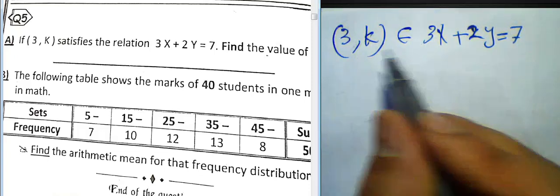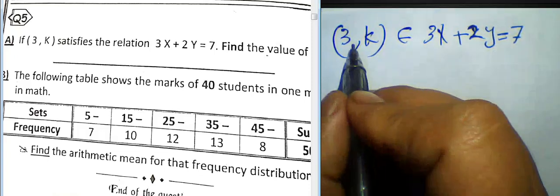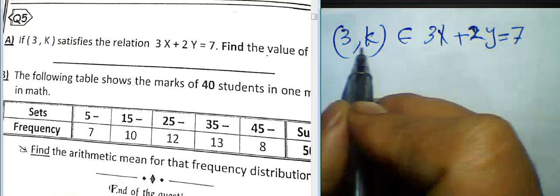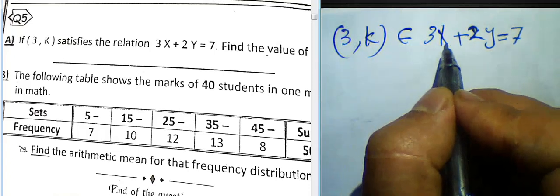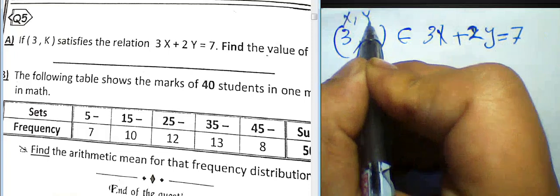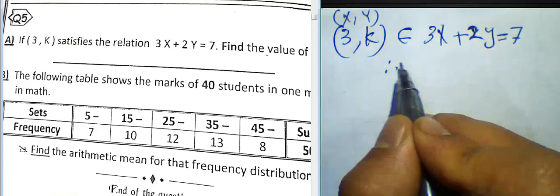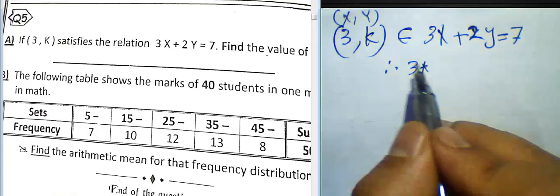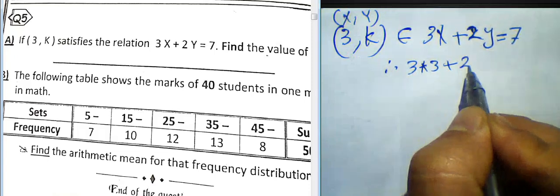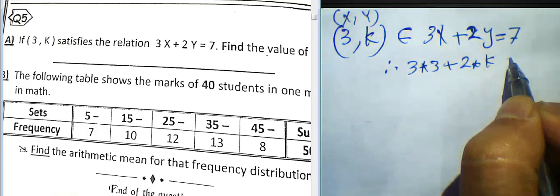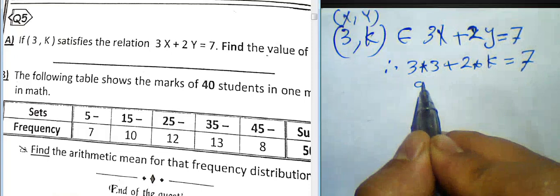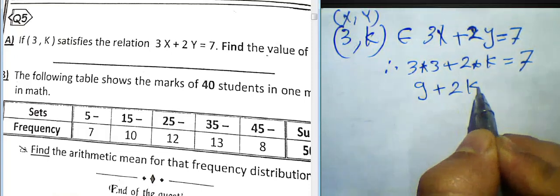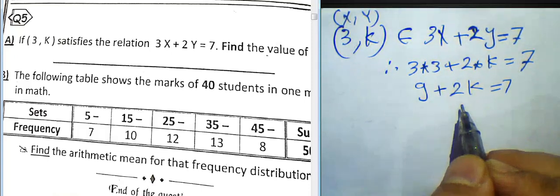The point (3, k) satisfies the relation, so we cancel the 3 here and write x, because the order was x and y. Then 3 multiplied by x, x was 3, plus 2 multiplied by y, y was k, equals 7. 3 times 3 equals 9, plus 2k equals 7.